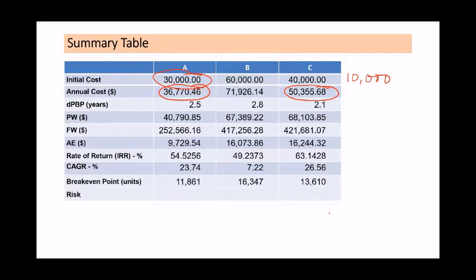And on the annual cost, you are going to add how much? That is 5355.68 minus 36,000. Okay, it is just like 13,000 every year.